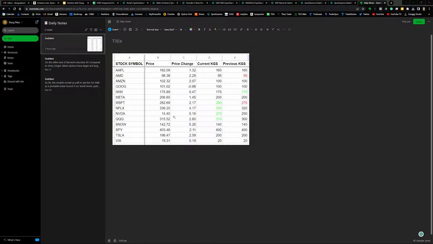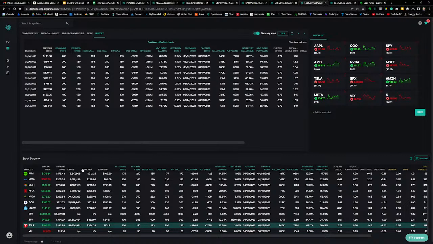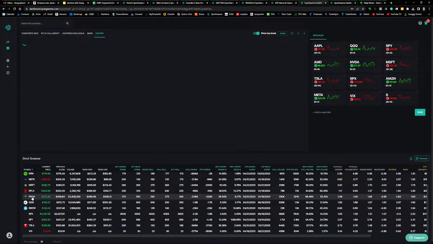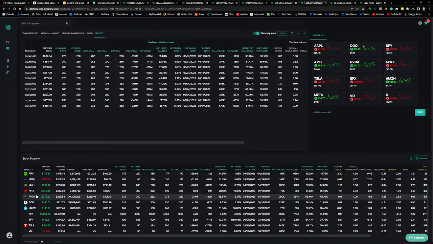And let's just take a look at Nvidia for an example in Equity Hub. This is part of SpotGamma. This is a tool that's available to SpotGamma subscribers, and this is what I look at in the morning when I'm doing my planning and positional analysis for stocks. So I'm going to look at Nvidia, for example, and again remember the first note was the increase in the key gamma strike from 250 to 270.